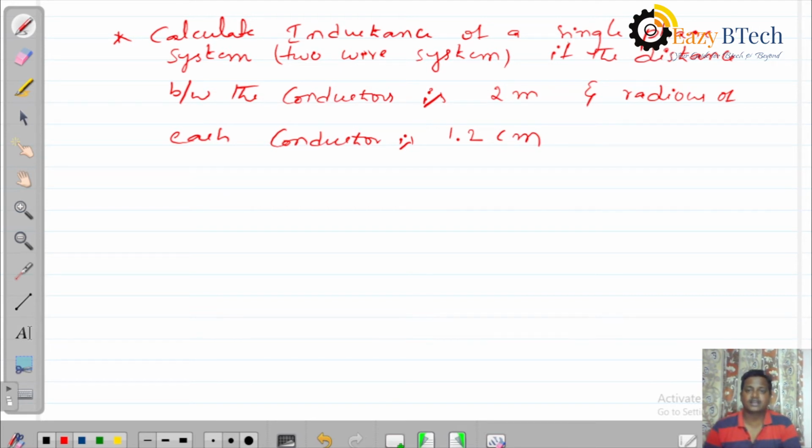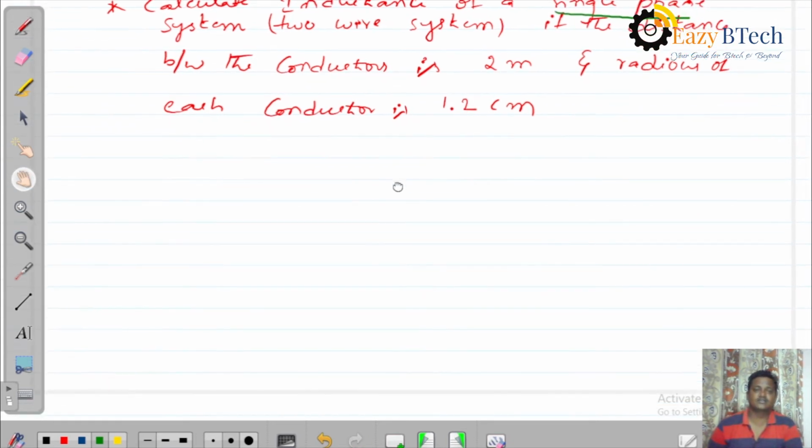Here we need to calculate the inductance of a single phase system. What is the formula for inductance of a single phase system? First of all, we have to write the given data, what they given.